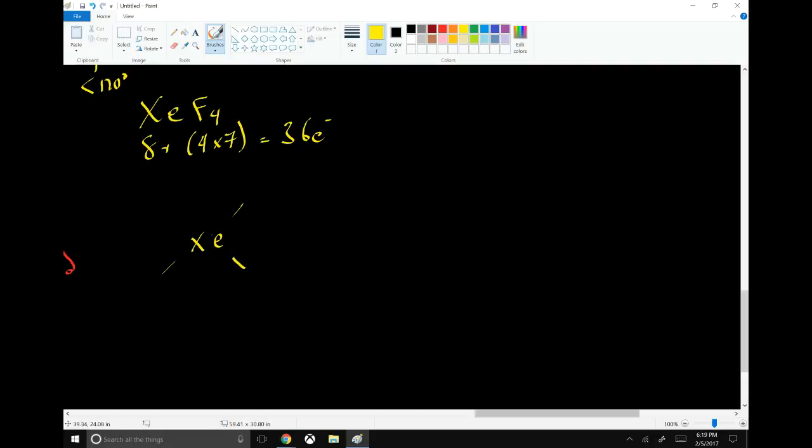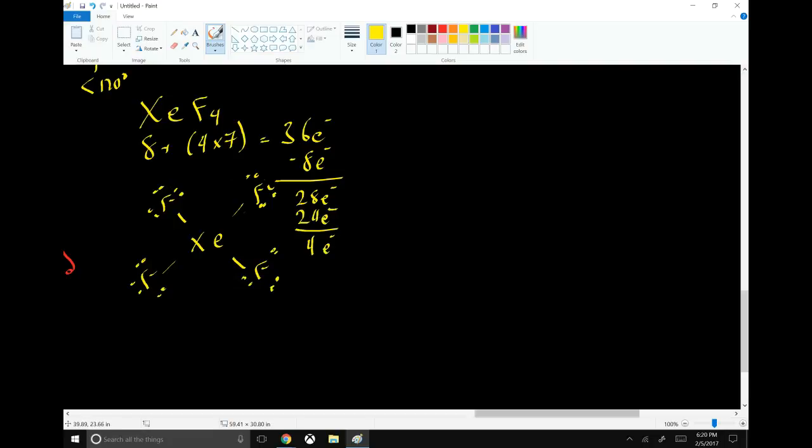Xenon bonds to 4 fluorines, using up 8 electrons and leaving us with 28. 2, 4, 6, 8, 10, 12, 14, 16, 18, 20, 22, 24. Leaving us 4 electrons that go on xenon as non-bonding pairs.